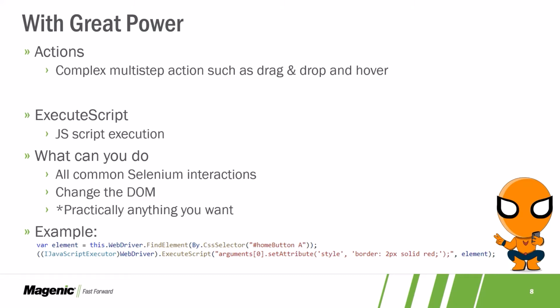You can do kind of the common interactions. Like I mentioned with IE, sometimes it doesn't click when I expect it to click, so I have to fall back to JavaScript click. Well, this is exactly how I would do that. And sometimes I want to change the DOM, and usually in nice ways.